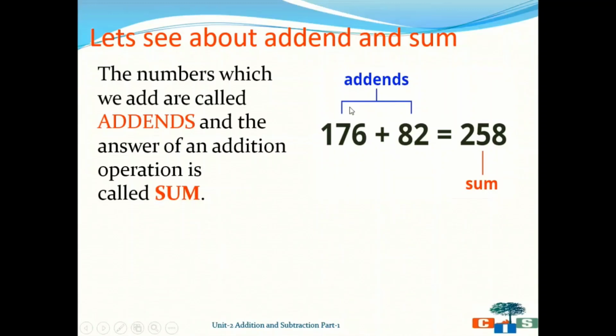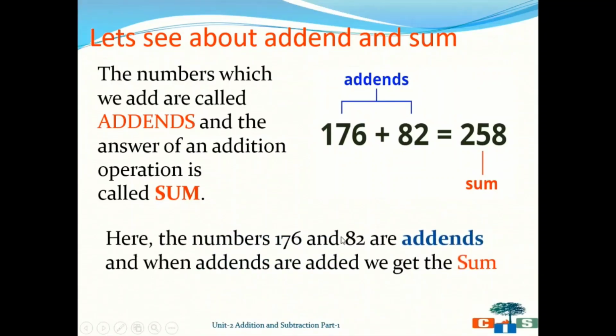Therefore, these numbers are known as addends. And after adding, we get 258, which is the result of this addition, which is known as sum. So here 176 and 82 are addends, and when addends are added we get the result which is known as sum.